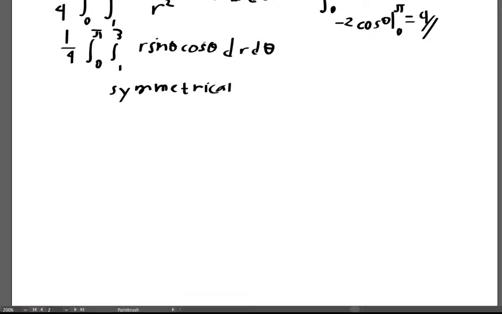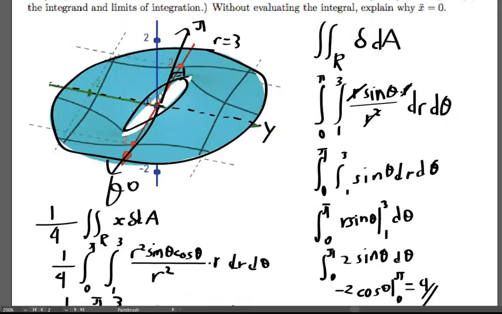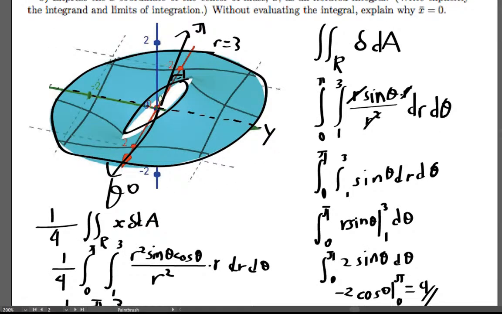When you plug in cosine 2 theta at pi minus cosine at 0, you literally get 0. That's the reason the answer is 0. But the reasoning also works when you say that it is symmetrical. So that's why x bar here is 0.